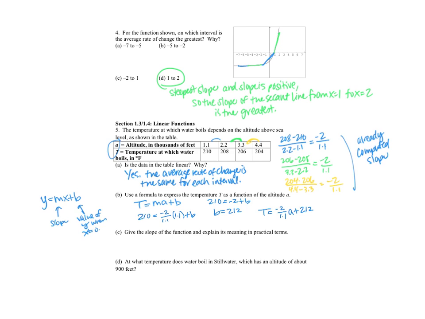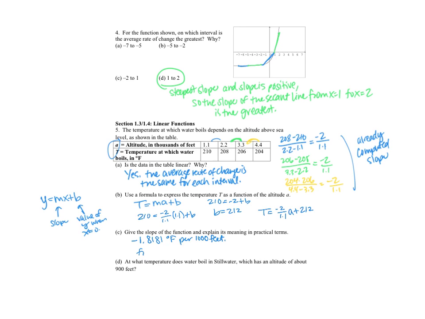And so the slope of the function is negative 2 over 1.1, or in other words, I can get a decimal approximation of that. So the slope is negative 1.8181, repeating. And the units of that are going to be degrees Fahrenheit per 1,000 feet.